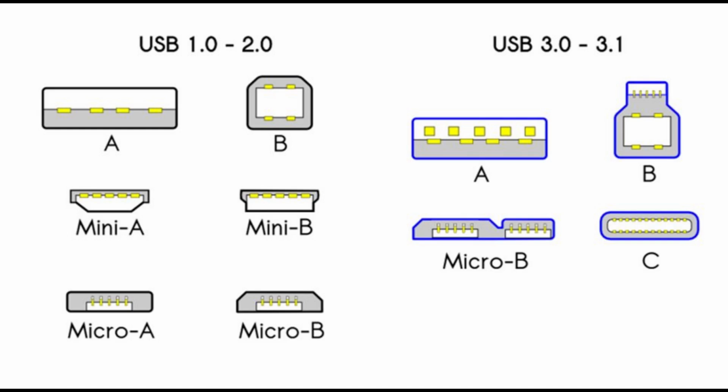SuperSpeed Plus doubles the maximum signaling rate to 10 Gbps, later marketed as SuperSpeed USB 10 Gbps by the USB 3.2 specification, while reducing line encoding overhead to just 3% by changing the encoding scheme to 128B/132B.